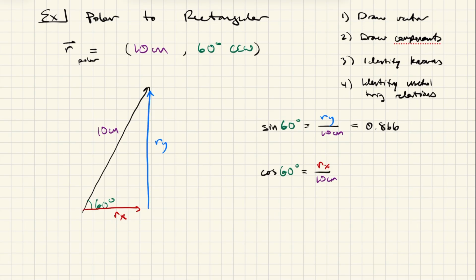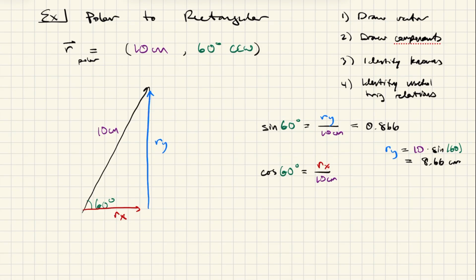So what that means is I can solve for Ry here, and I find that Ry is then equal to the hypotenuse, which is 10, times sine of 60, which turns out to be 10 times 0.866, which is 8.66 centimeters approximately.